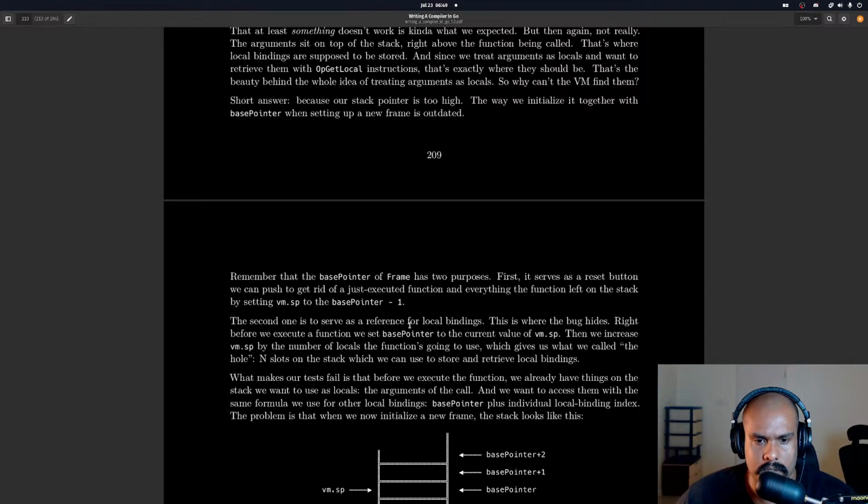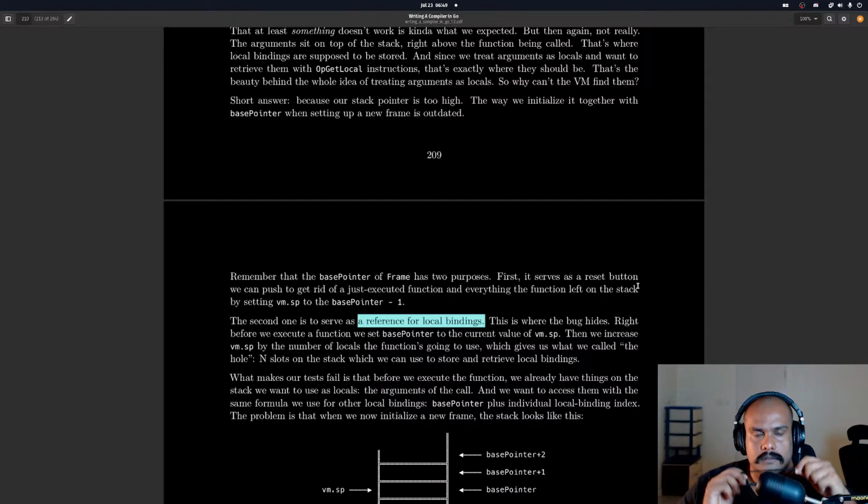The second one is to serve as a reference for local bindings. That's a good point, actually. So the index of the local bindings have changed. Yep.